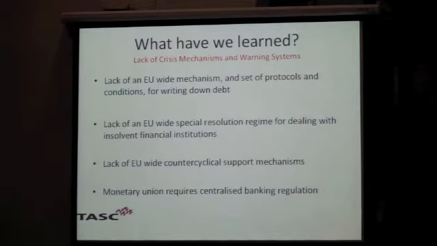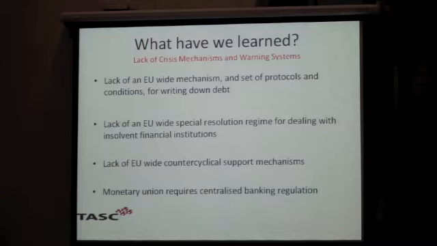So what have we actually learned? What are the clear design failures that need to be fixed? What were we lacking? Well, we were lacking an EU-wide mechanism and set of protocols and conditions for writing down debt where necessary. We were lacking an EU-wide special resolution regime for dealing with insolvent financial institutions.